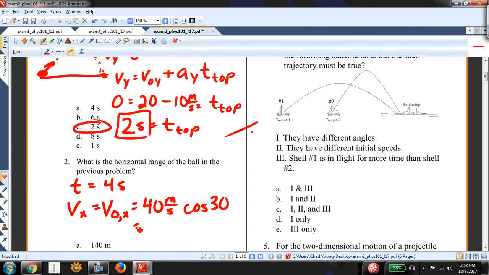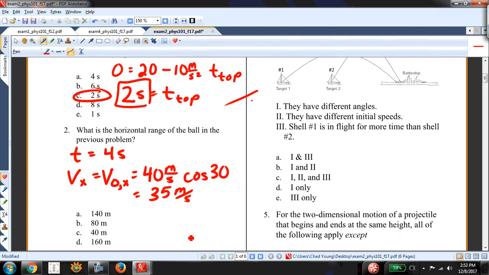And that's equal to 35 meters per second. So now I got Vx, I got t, I know there's no acceleration, so x is just equal to Vx times t. That's 35 meters per second times 4 seconds. That's 140 meters.